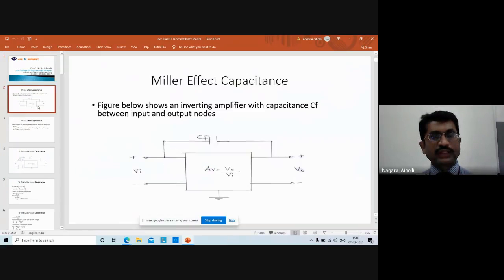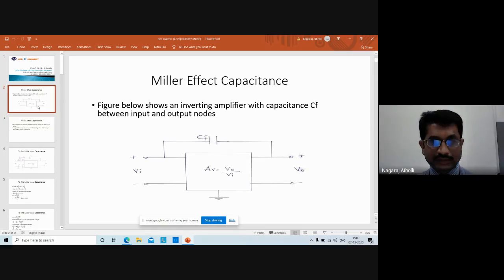So first we have to define the Miller's effect capacitance. This Miller's effect or the Miller's theorem is applicable to electronic circuits which have parasitic capacitance effects, that is, unwanted capacitances present in the feedback path.